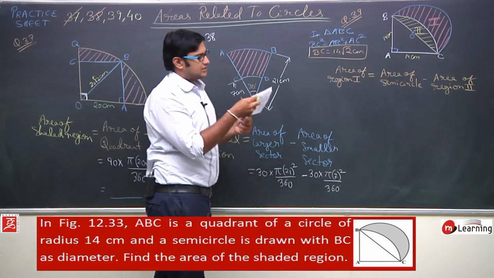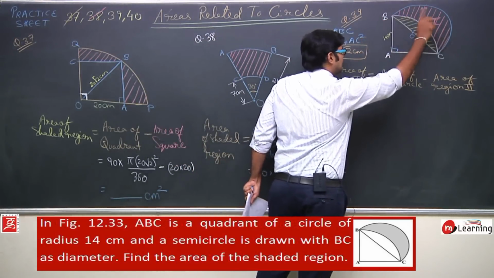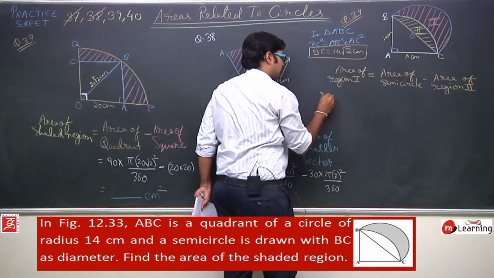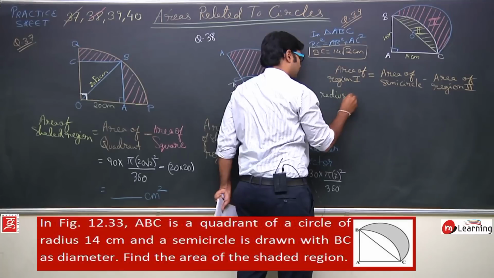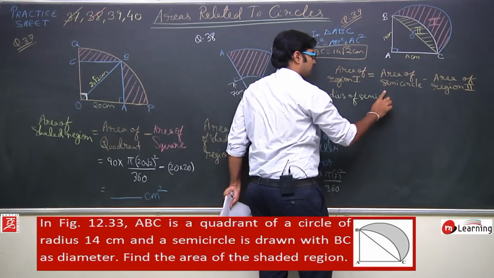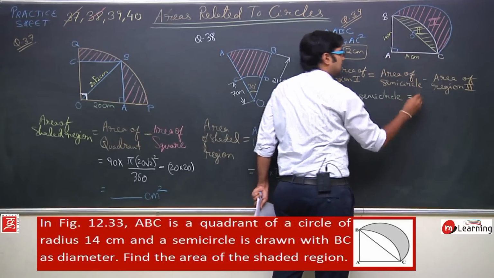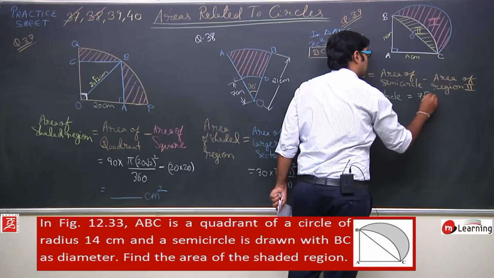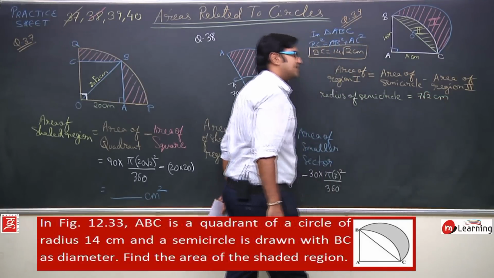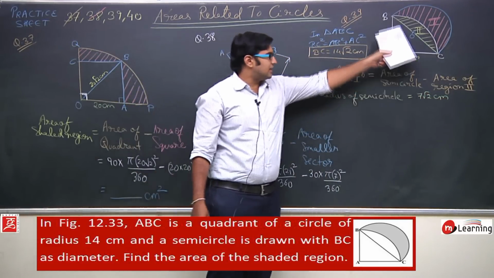Yes, 14 centimeter is the radius of the quadrant. So the radius of the semicircle is equal to 7 root 2 centimeters. Why 7 root 2? It's exactly half of BC. So we have got the radius of the semicircle.